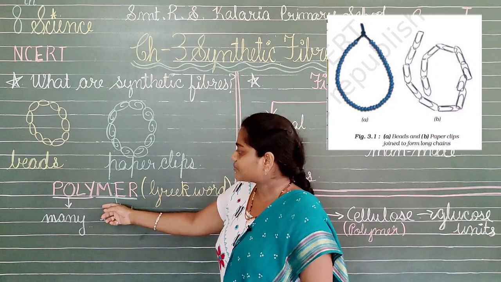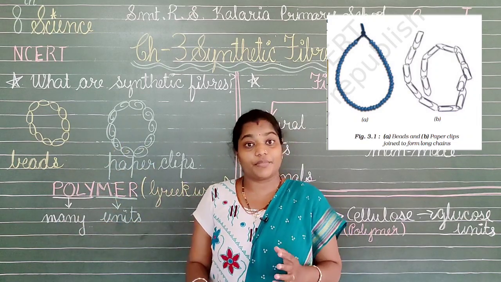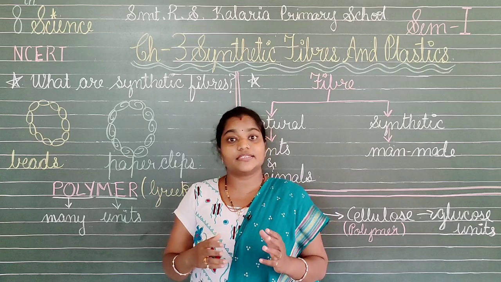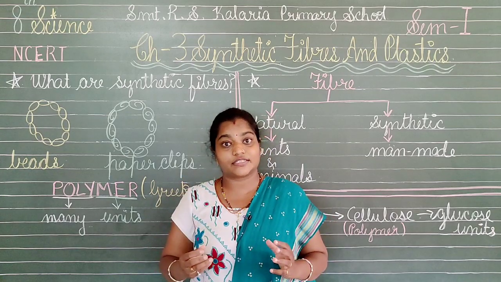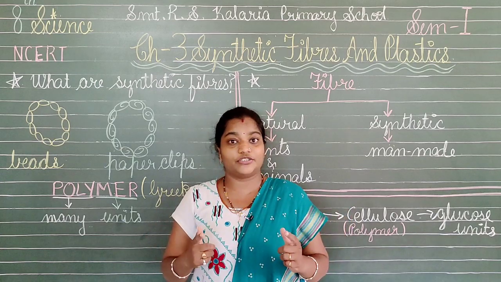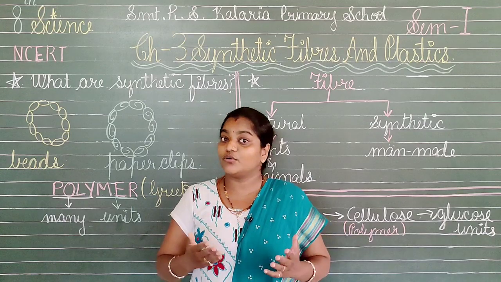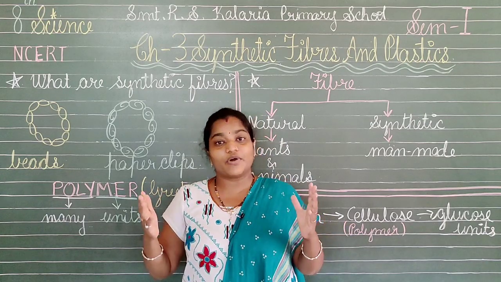Exactly. So here we can say that synthetic fibers are made by joining small units which are artificially made in factories with the help of chemicals. So I hope it is now clear to you what a synthetic fiber is and how it can be constructed. We will be looking at it in still more vibrant form.